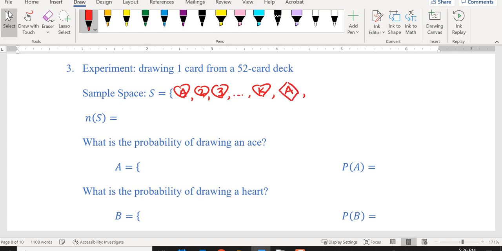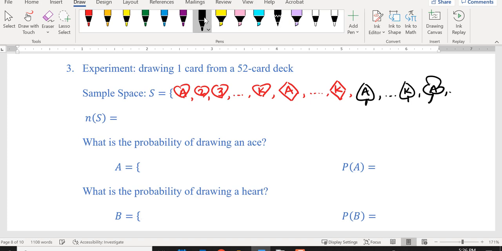So there was the ace of diamonds all the way up to the king of diamonds. And then you had the black cards. You had the ace of spades all the way to the king of spades. And then you had the clubs, the ace of clubs, all the way to the king of clubs. All right, that's your sample space.